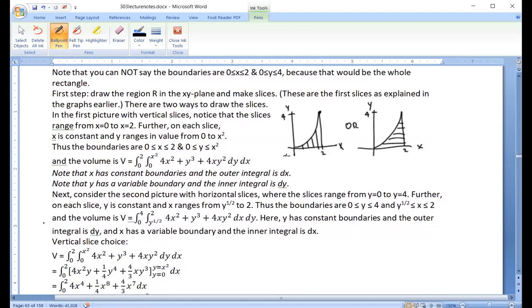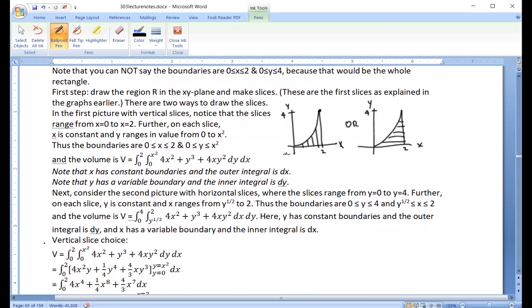So plugging that in, you get 4x squared times y, but plugging in x squared, that's x squared times x squared, so you just get 4x to the 4th. And then plugging in x squared into the second term, you get 1/4 x squared to the 4th.